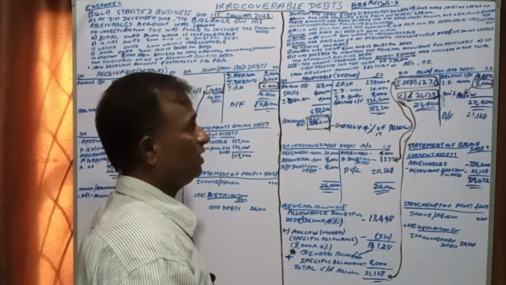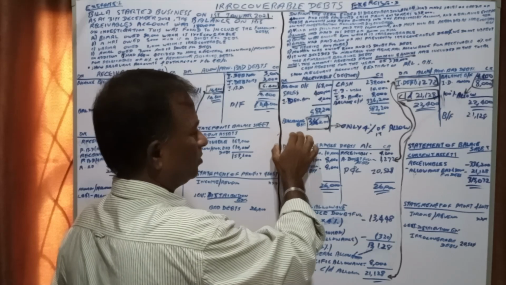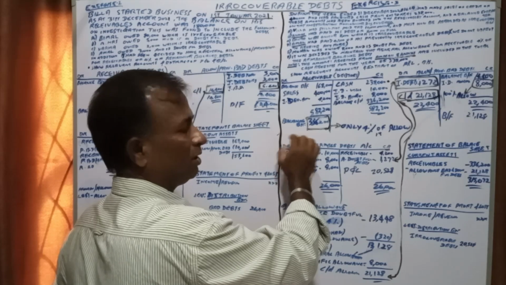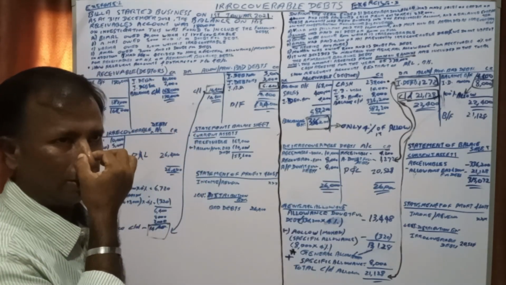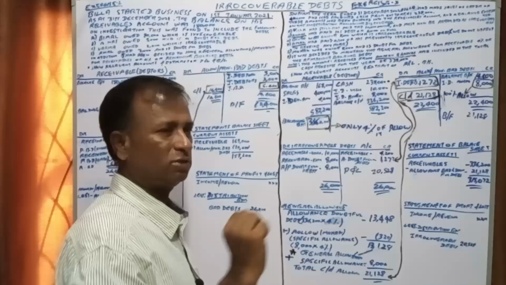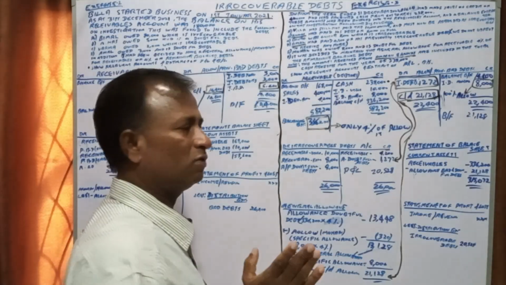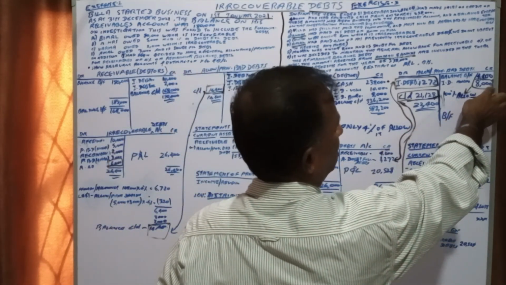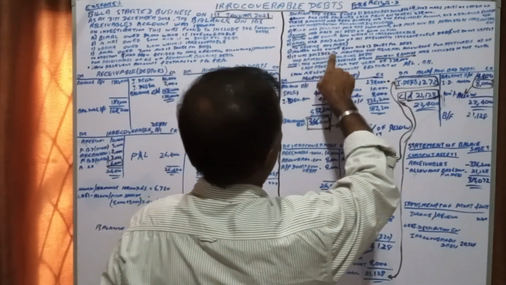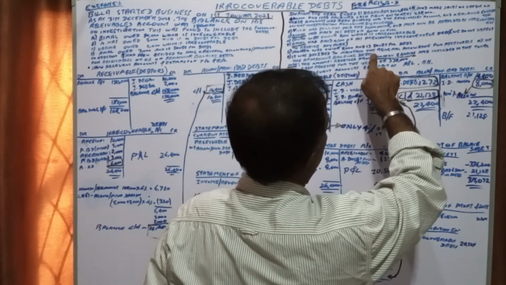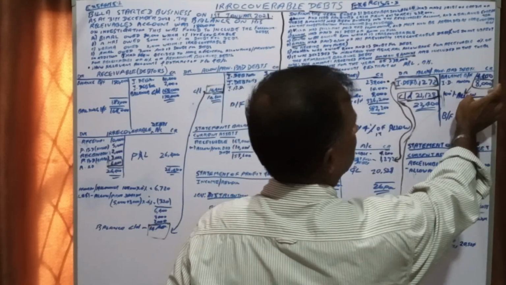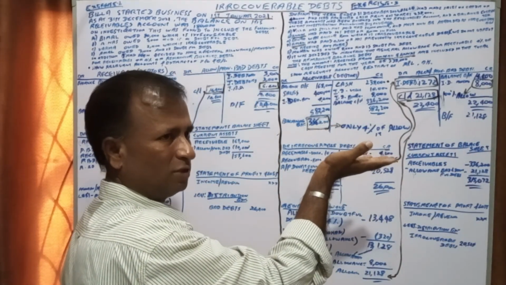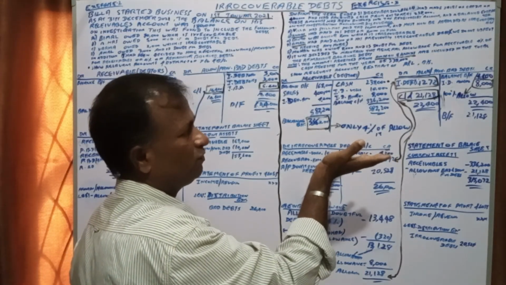If they say X or Y will be doubtful, recovery of an amount, say 5,000, is doubtful. Like here, Mohan was owing 8,000 and it is a doubtful debt. Then that is the specific allowance. Specific allowance we have to make.